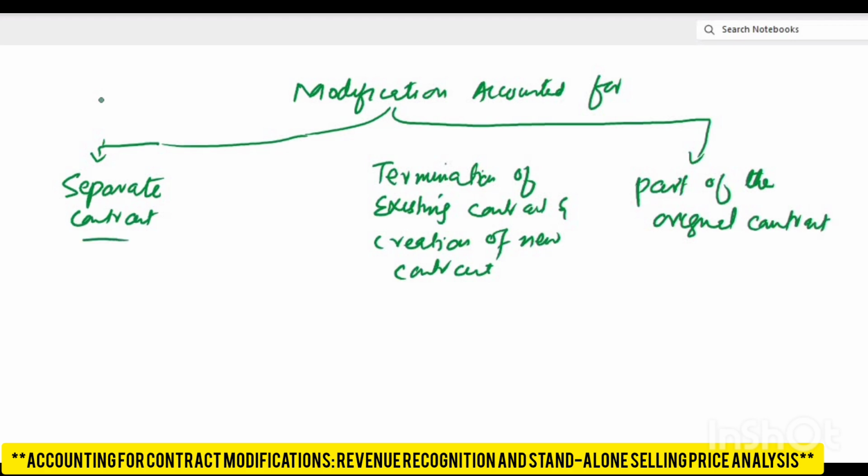So in which case will you count it as a separate contract?